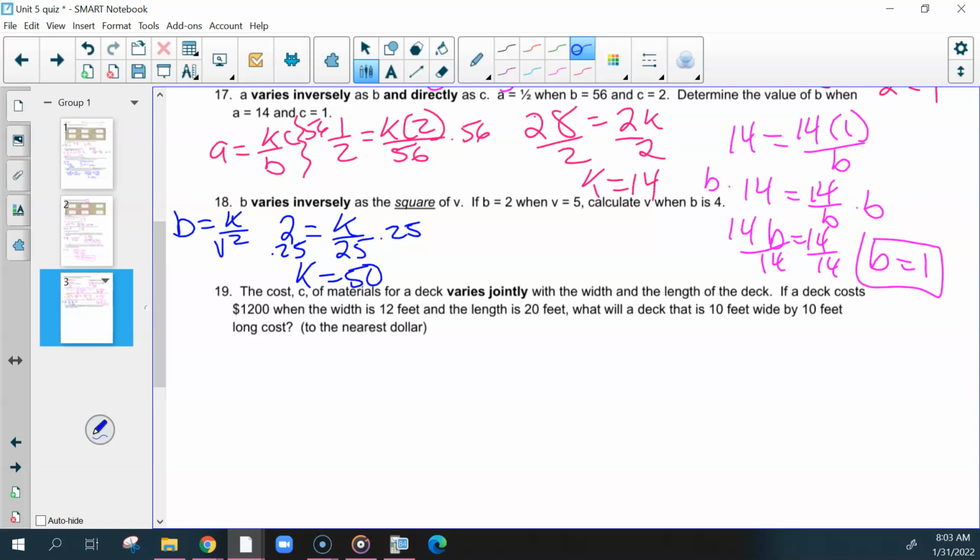And then use that to find B. From here, you would need to multiply both sides by B squared to get it out of the denominator. Divide both sides by 4. I think that was 12.5.